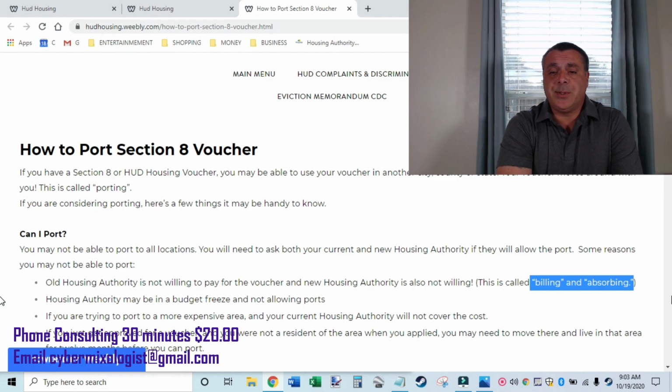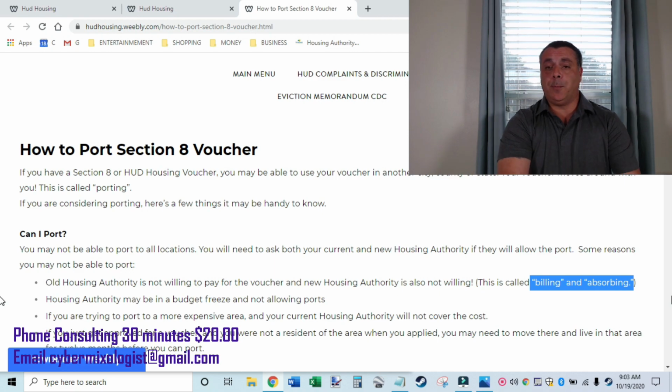Then you'll have an official letter from the bank showing that you are addressed in the new city. That gives you a proof of residency, more or less. Once you do that, you can go to USPS and have your mail forwarded back to where you actually live currently. And so you're preparing yourself.